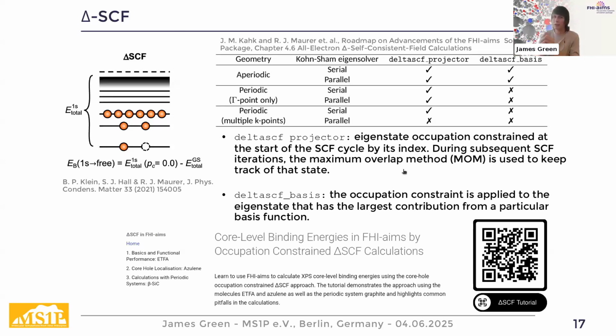So essentially the idea is you need to know, or you would do a full SCF calculation and you know the state you want at the end, and then you try and work out what state it is at the first SCF step. And even if they're different, you would just choose the state in the first SCF step, and this maximum overlap method should keep it the same to the end.